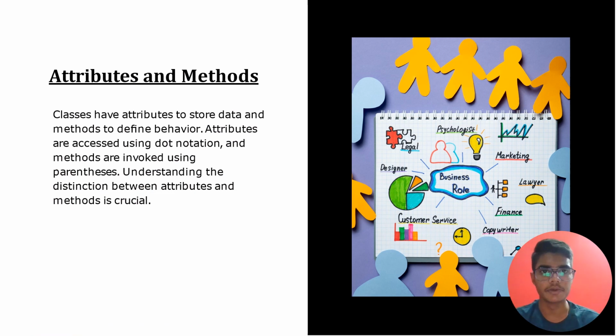Coming to attributes and methods. Classes have attributes to store data and methods to define behavior. Attributes are accessed using dot notation and methods are invoked using parentheses. Understanding the distinction between attributes and methods is very crucial.